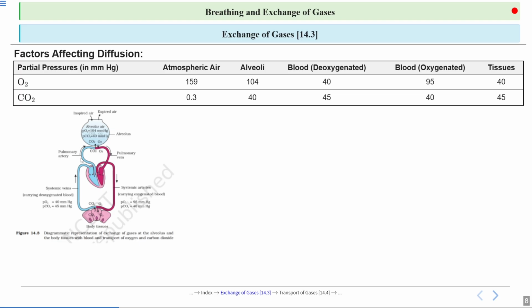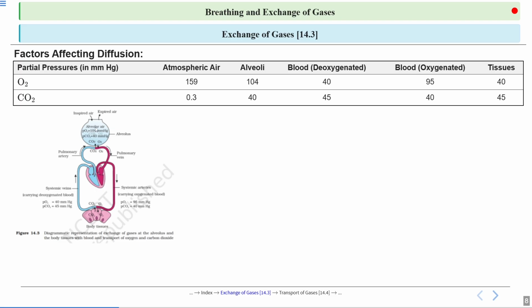Now here the pulmonary artery, blue means it is deoxygenated blood. The blood is coming from the heart via the pulmonary artery, and here in the capillary region this deoxygenated blood has carbon dioxide at 45, the concentration is 45. So the carbon dioxide will move from the region of higher concentration to the region of lower concentration, right, in the alveoli.